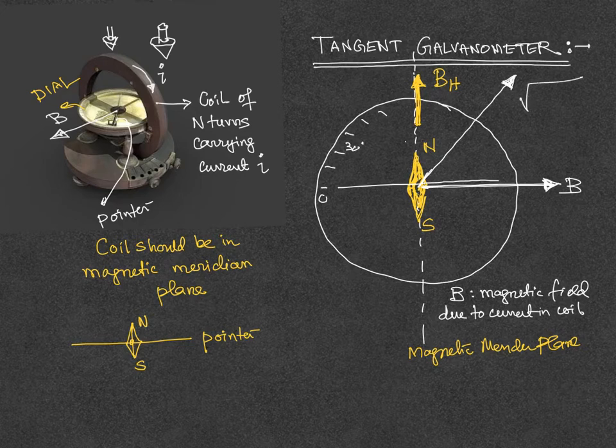The resultant magnetic field is the vector sum of BH and B. BH is the horizontal component of Earth's magnetic field and B is the magnetic field due to the current in the coil. Now the magnet deflects by angle theta. So the new position of the magnet will be this.